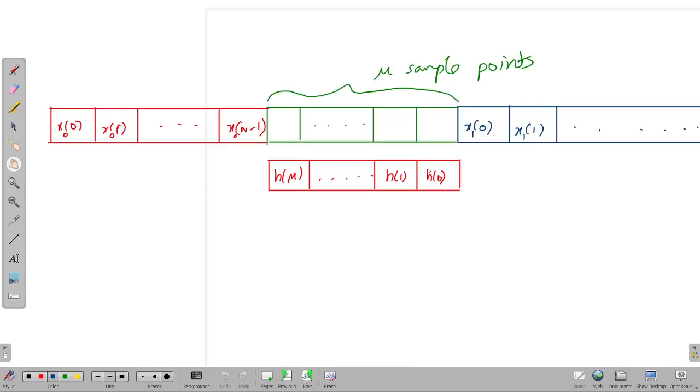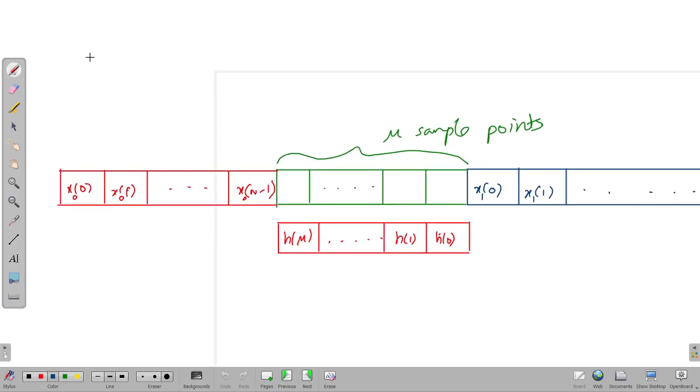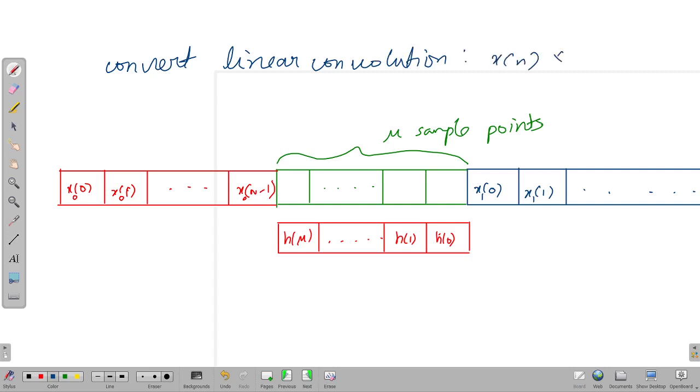So how will I do that? My intention is to convert the linear convolution, that is x of n convolution h of n, to a circular convolution.